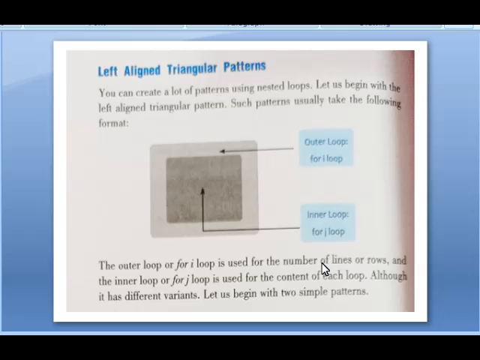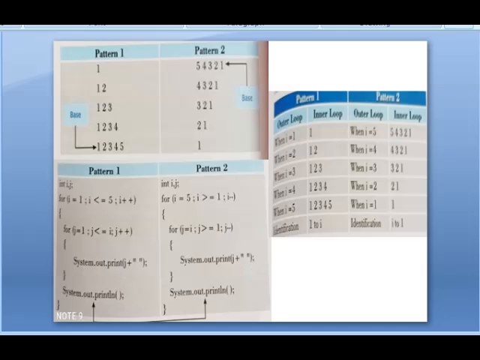We have to use at least two loops in making patterns. The outer loop, the for i loop, is used for the number of lines or rows, and the inner loop is used for the content of each row, although it has different variants. Now we are going to see one example of this pattern.